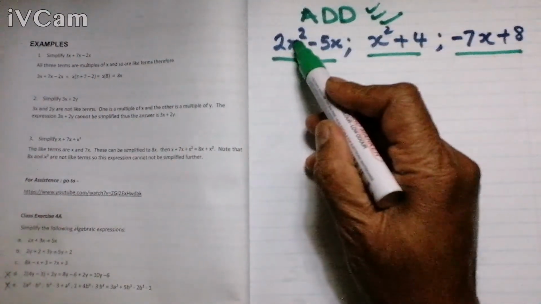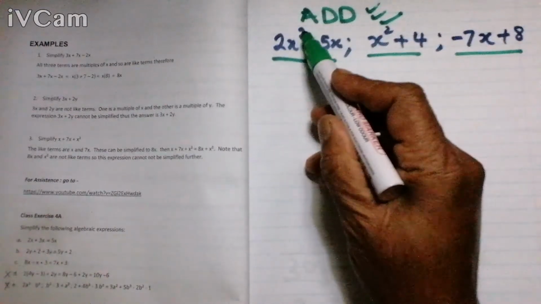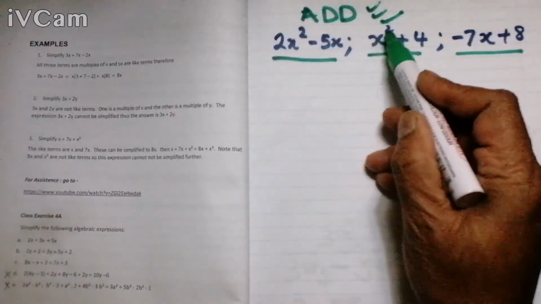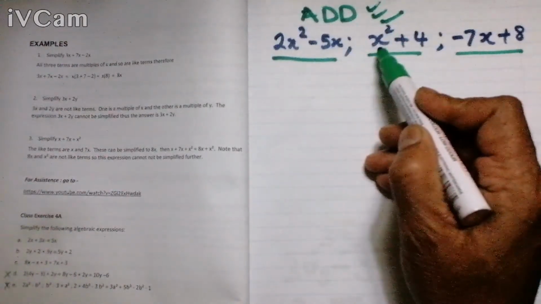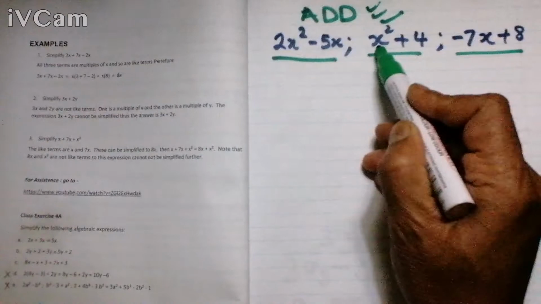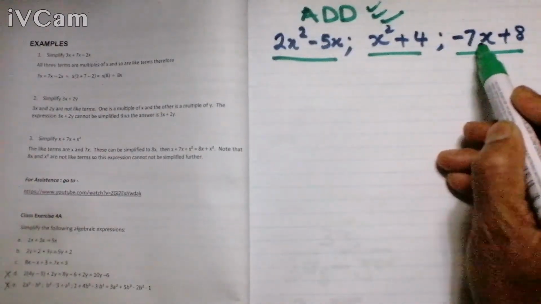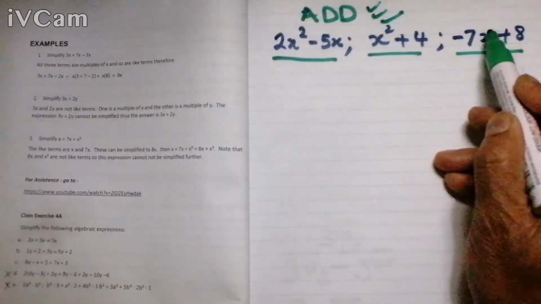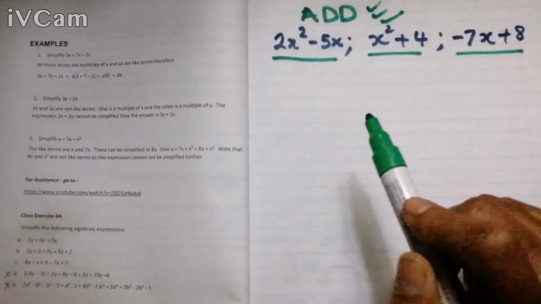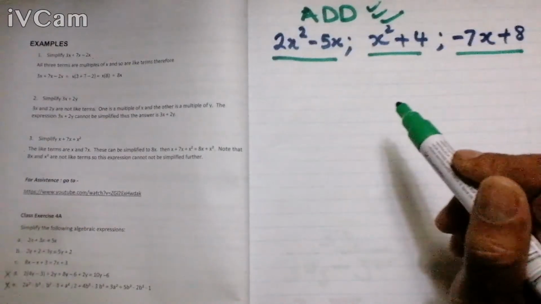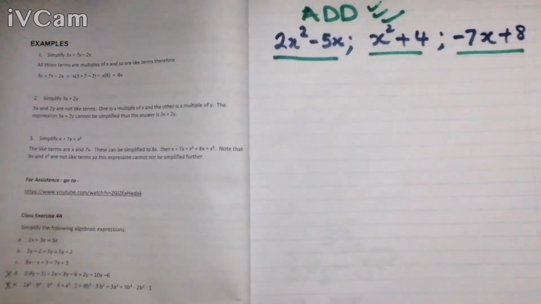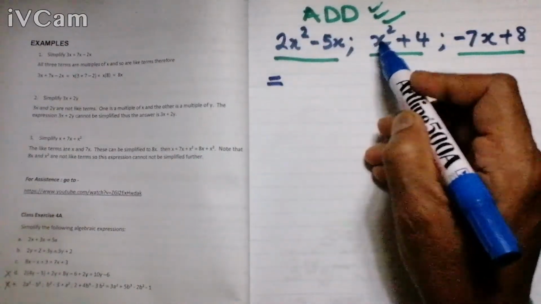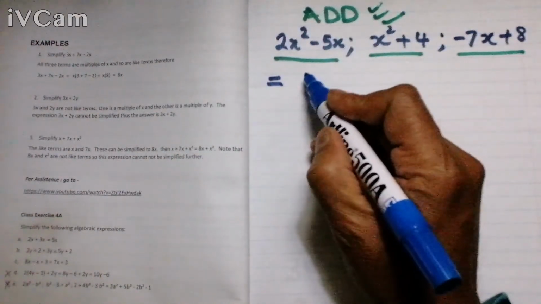The first one here is the variable x of the order 2. So that's a variable x of the order 2, which means that these terms are like. Here there is nothing of the order 2 in the variable x, so there is no term alike in the third binomial. So if we had to add this here, we'll add 2x squared to 1x squared, which will give us 3x squared.